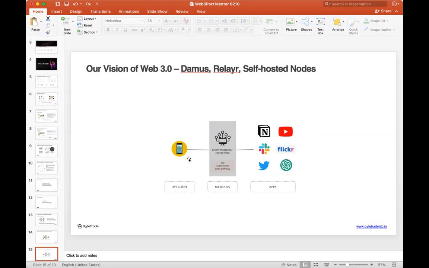That's really the idea of how these self-hosted nodes can be the solution, the way that ordinary internet users would be able to regain their internet data.